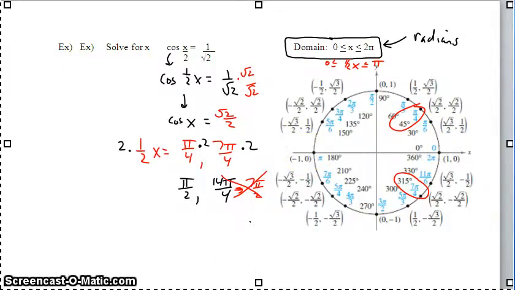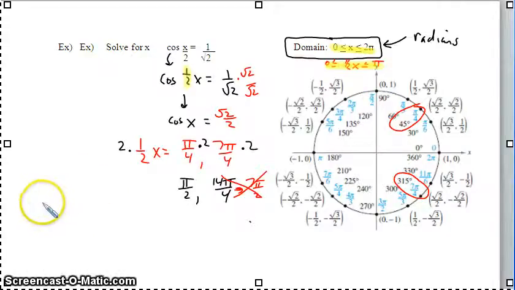So it's going to be really important that you pay attention to what your domain is. And if you're dealing with something other than just an x, normally we're taking the cosine of x, but here we're taking the cosine of half x, you have to change your domain to make it be half x as well. And so with that being said, I was able to eliminate, the only choice being pi over 2 as my answer. I want to check that just to make sure that that's right.